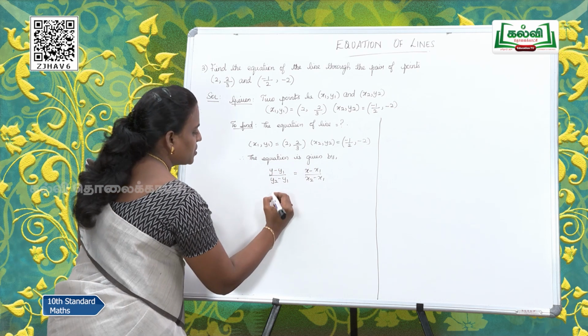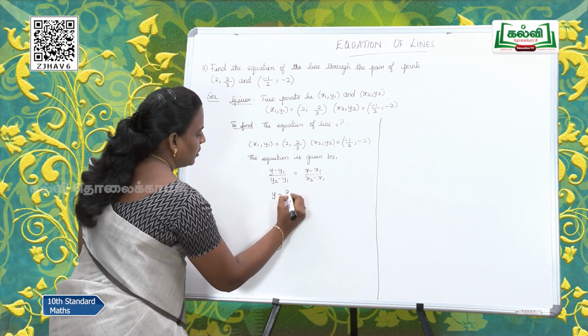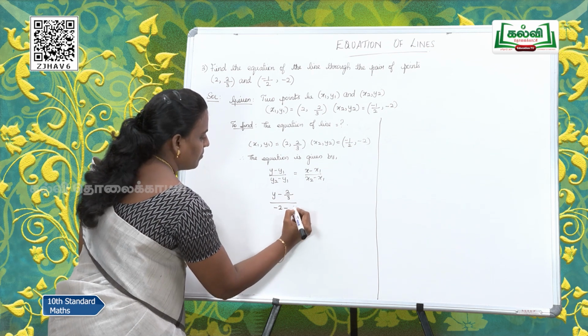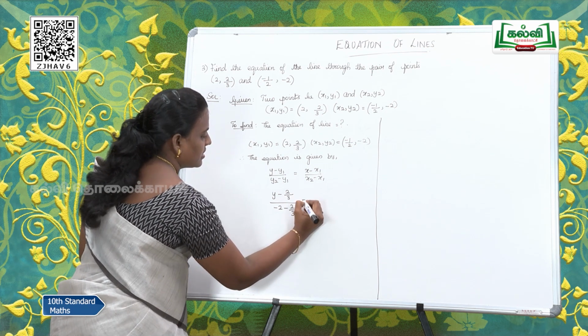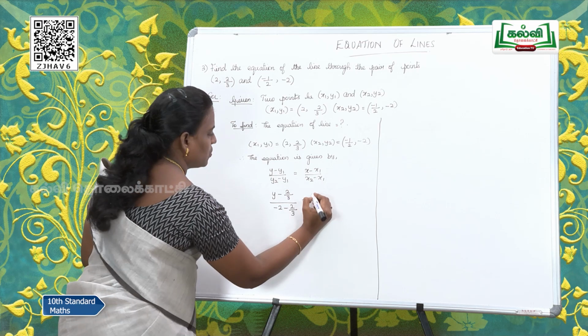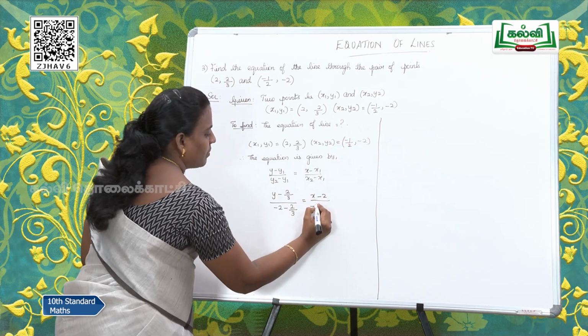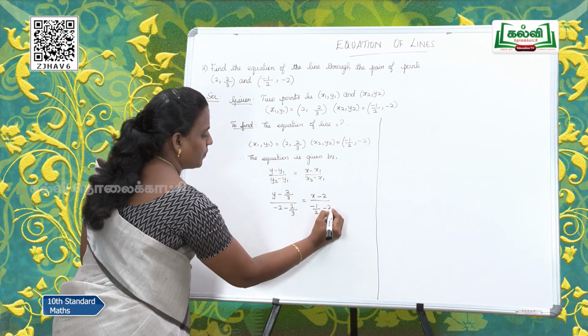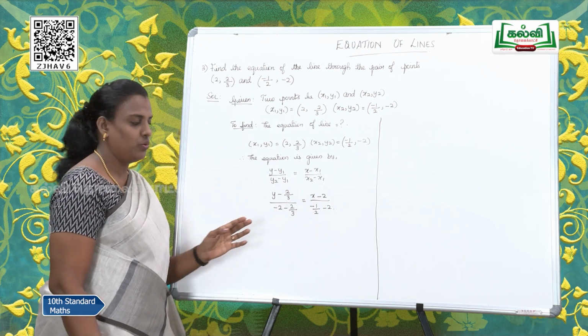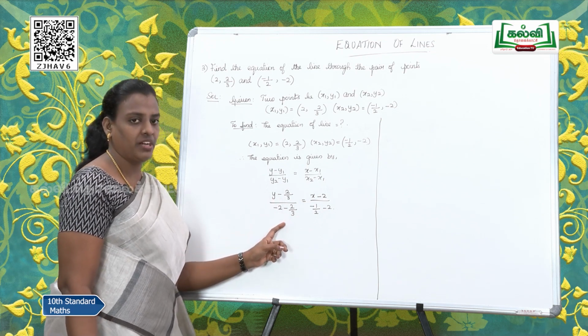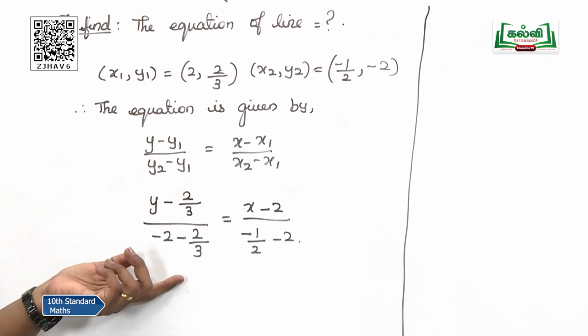So how can I substitute? y minus 2/3 by y2 minus 2/3, where y2 is minus 2, is equal to x minus 2 by, here I get, minus 1/2 minus 2. Now, if you look at the numerator, it has got a fractional number as well as the denominator has got a fractional number.